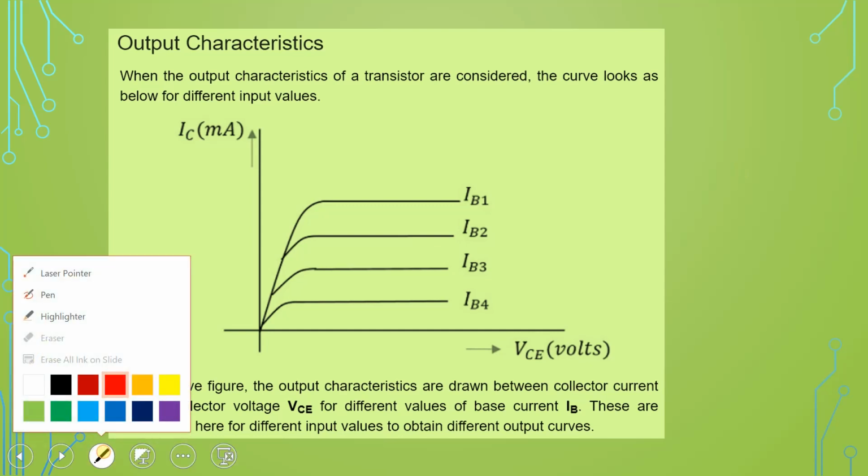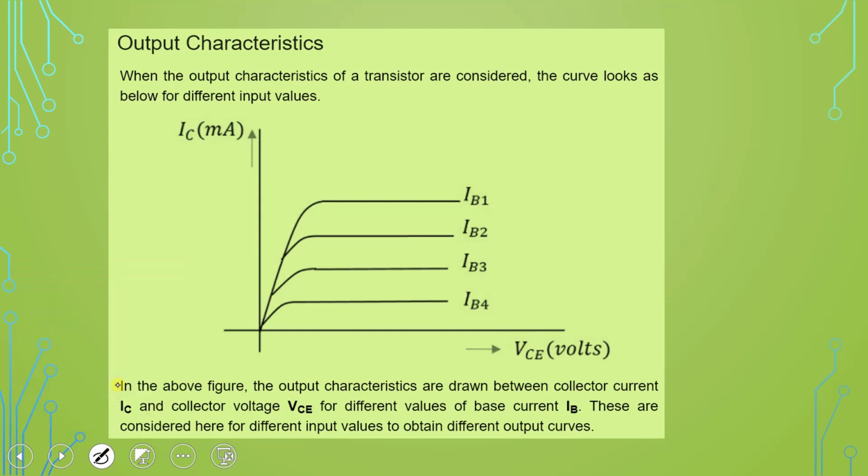On the x-axis we have VCE, the collector-emitter voltage, and this is IC, the collector current. This figure shows the output characteristics between collector current IC and collector voltage VCE for different values of IB.